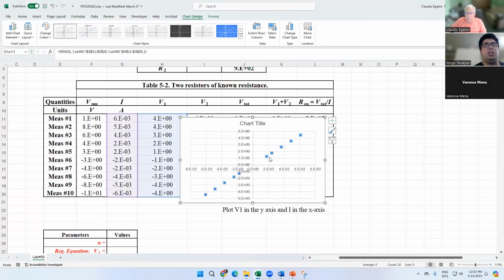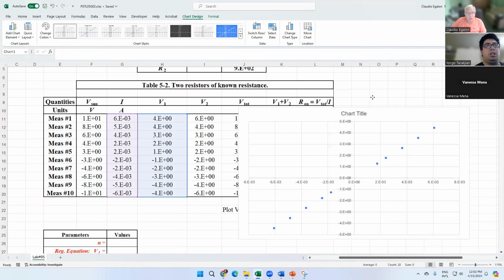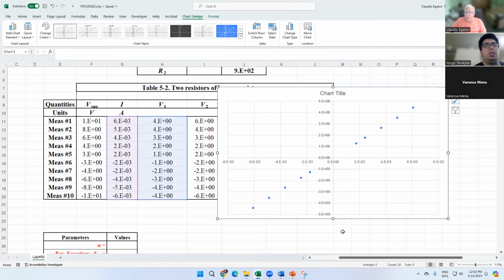I'm not going to switch the axis yet, because I have to put the V in the vertical and the I in the horizontal. You did that, right? Oh yeah, it's already there. The V is already there, so we don't have to worry about that. And now what you're asking me is this notation here in the X and Y axis, right? You want to know how to change it, right?